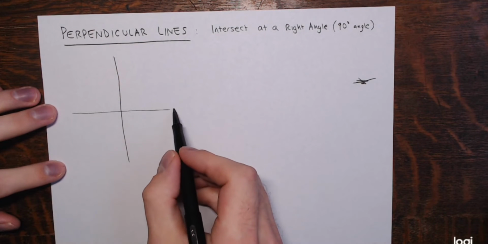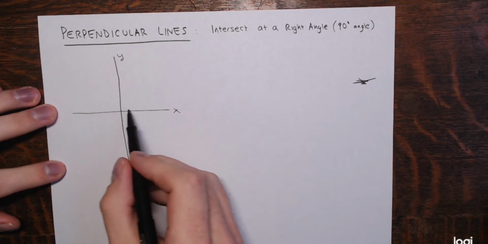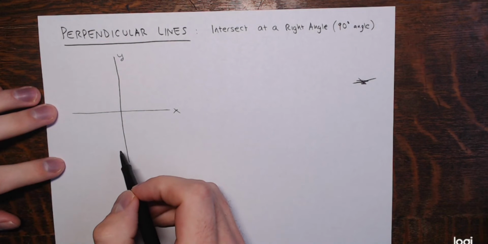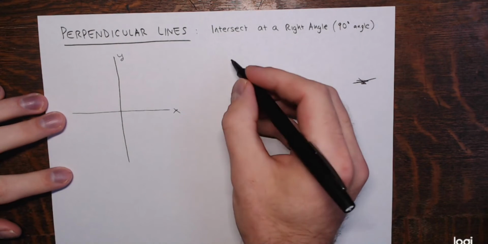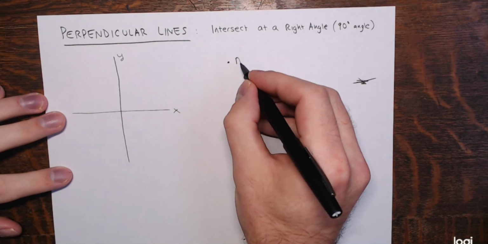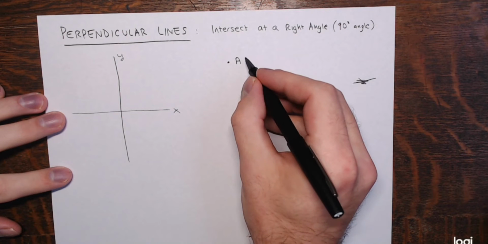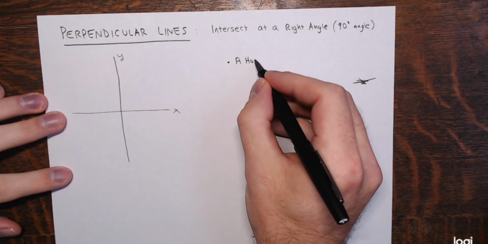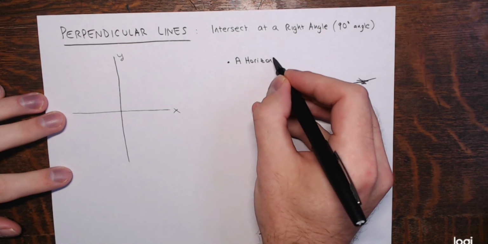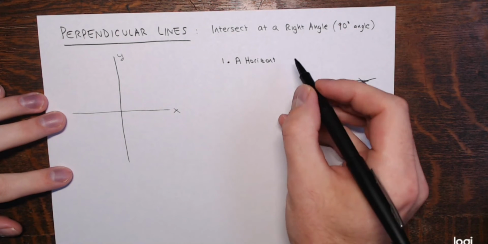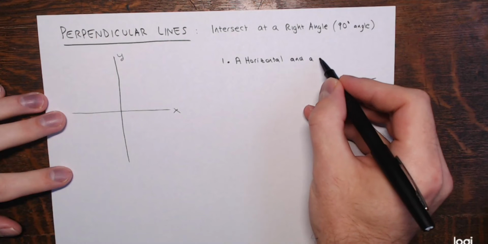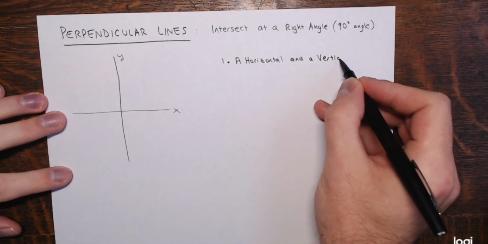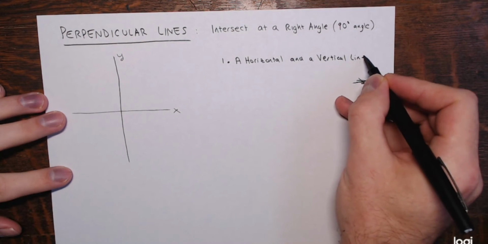Another one: the x and y axes are perpendicular, right? So that's one case. A horizontal line and a vertical line are perpendicular. That's like case one. If you have a horizontal line and a vertical line, they are perpendicular.